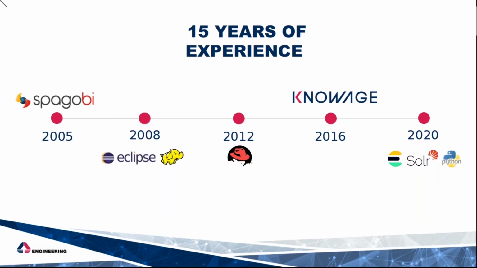And yeah, the Spago World initiative has given rise to other projects within the Eclipse Foundation community that has stimulated the creation of new initiatives. So starting from 2005, we saw the birth of the Spago BI product.